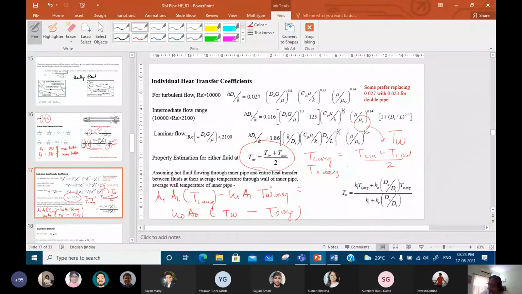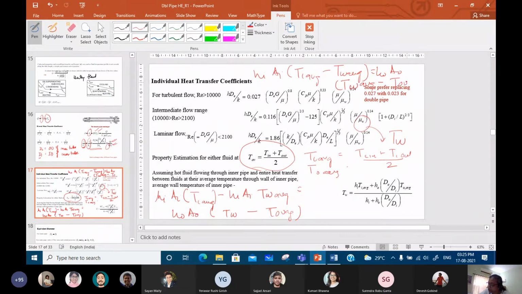In that case, can I write down this equation? From this equation, what do we get? We get HIAI (Ti average minus TW average) equal to HOAO (TW average minus TO average).